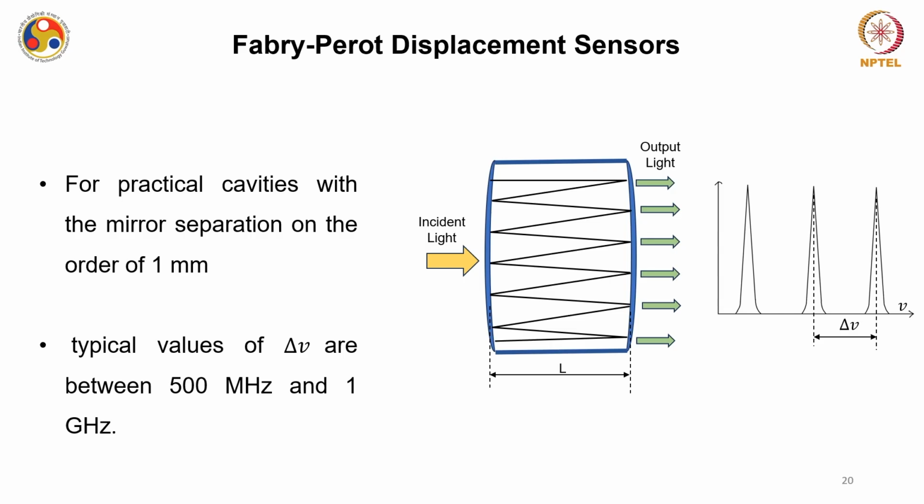In practical applications, these cavities are of the order of 1 mm in length, and if you calculate by this equation, the frequency spacing will come out to be around 500 megahertz to a few gigahertz. And that is how a Fabry-Perot displacement sensor actually works.